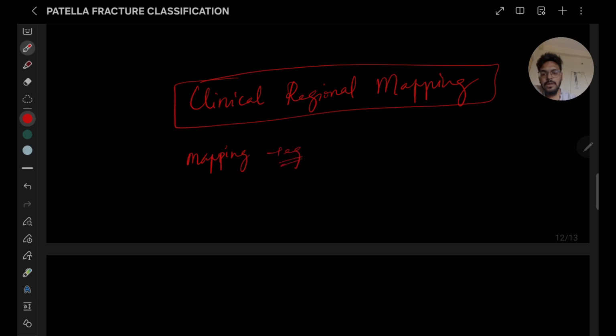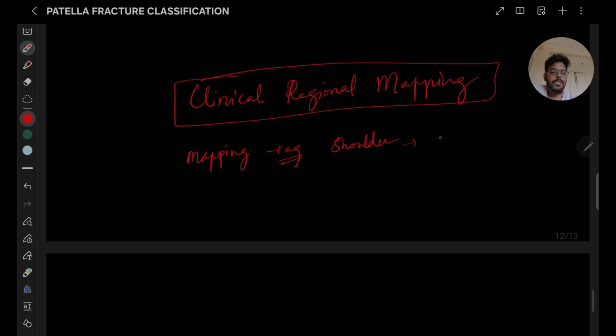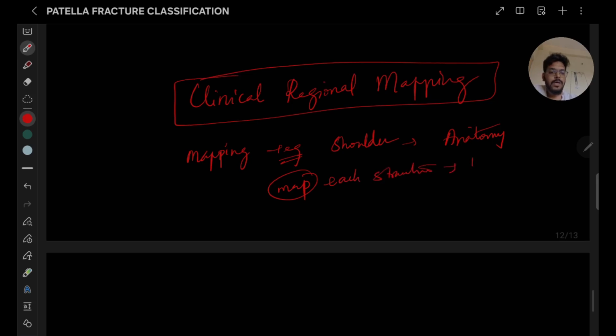For example, at the shoulder, if a patient has shoulder pain, then I am going to look through the anatomy of the shoulder and map each structure with the diagnosis and what probable diagnosis the patient would be having.